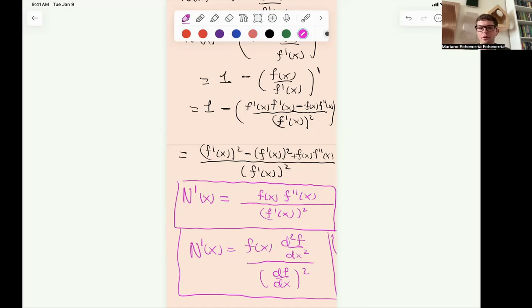So what we would like to know, again, to have a contraction, the important thing to remember is that you want the first derivative to be bounded by a constant k less than one, right?